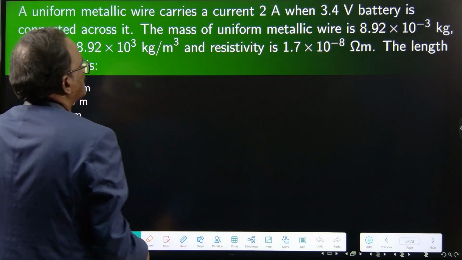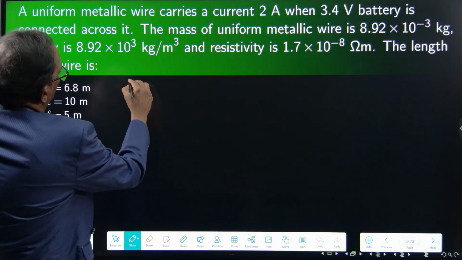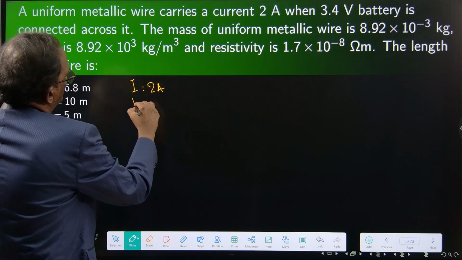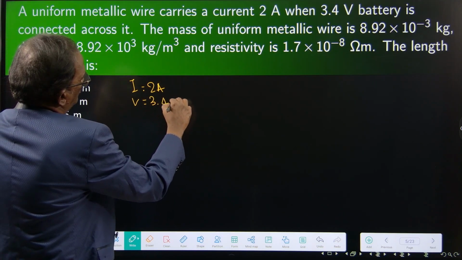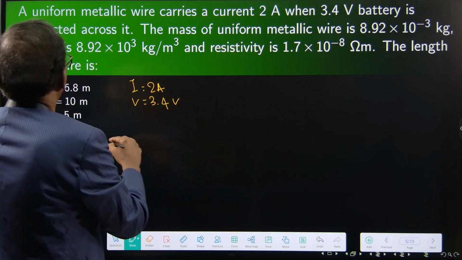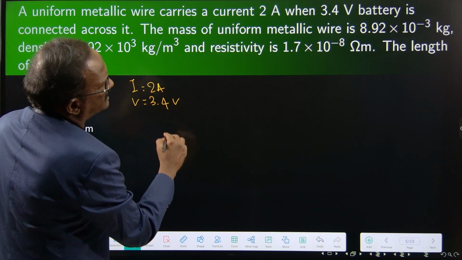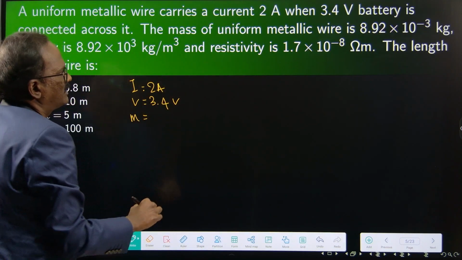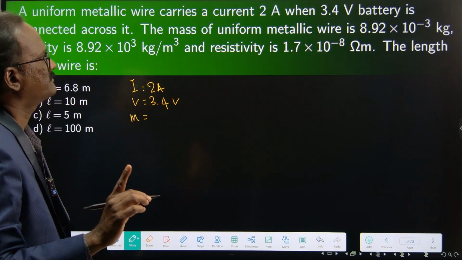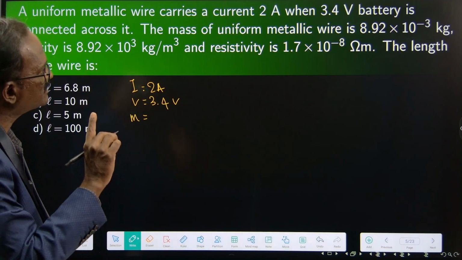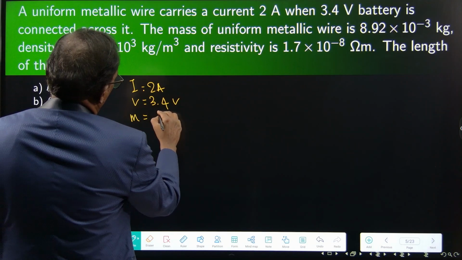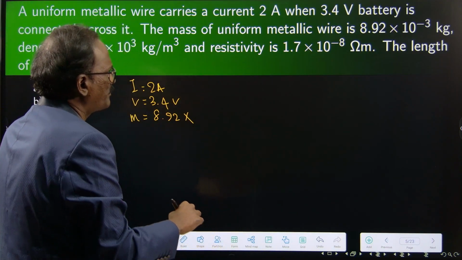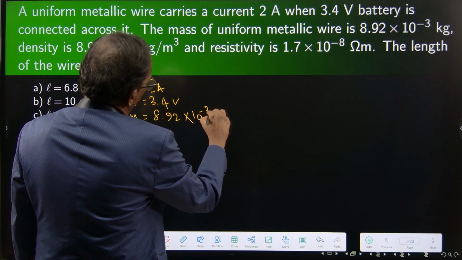A uniform metallic wire carries a current of 2 amperes when a 3.4 volt battery is connected across it. The mass of the wire, not mass of electron, is 8.92 times 10 to the power minus 3 kg.